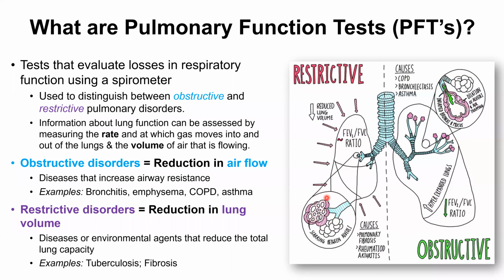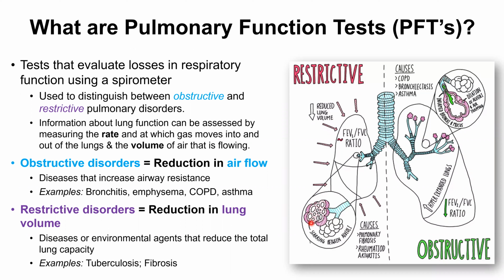So restrictive disorders are diseases or environmental agents that will reduce the total lung capacity. Examples of this would be tuberculosis or pulmonary fibrosis, or rheumatoid arthritis can also lead to restrictive lung disorder and lung disease.